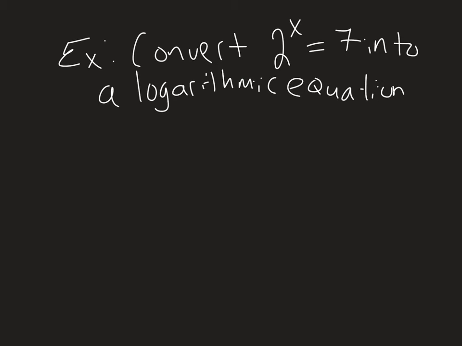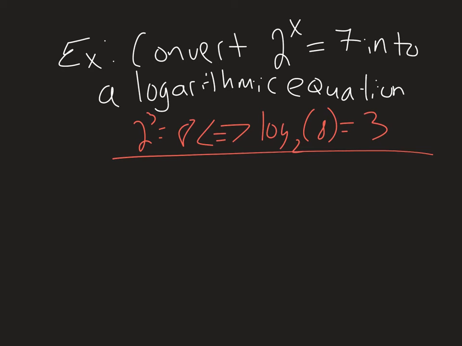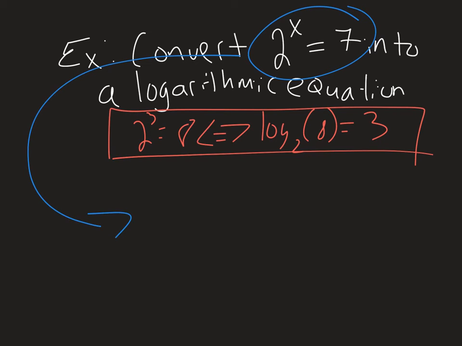So let's do an example. I'm going to go ahead and write down our first example: 2 cubed equals 8 if and only if log base 2 of 8 is 3. That's just an example, totally separate from the question. The idea is I want to convert 2 to the x equals 7 into a logarithmic equation, because I don't know what power 2 has to be to make 7. So we're going to rewrite it instead as log base 2.